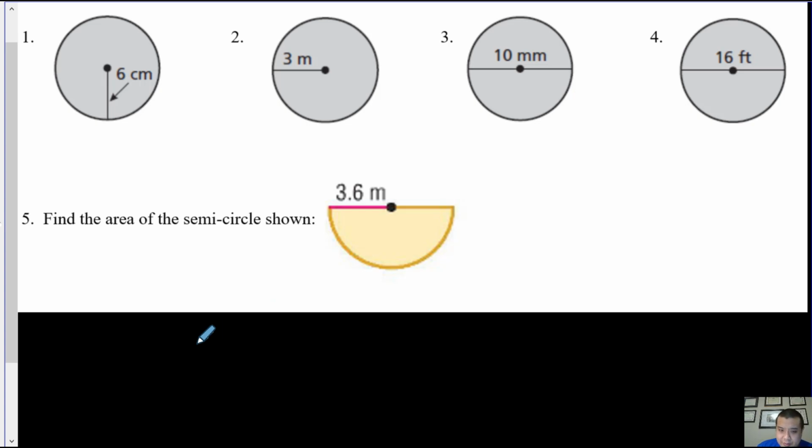Okay. Then it says here to find the area of the semicircle below. So again, we're still going to use pi r squared, but that's the formula for the entire circle. Okay, we only have half of a circle, so we're going to have to take half of the area of the circle. So in this case, this is going to equal 3.14 times 3.6 squared times 1/2, or 0.5.